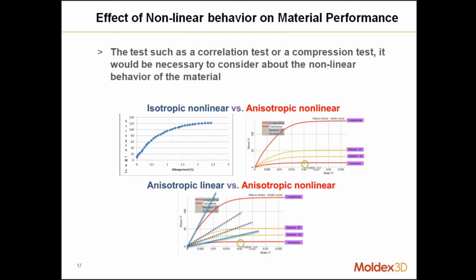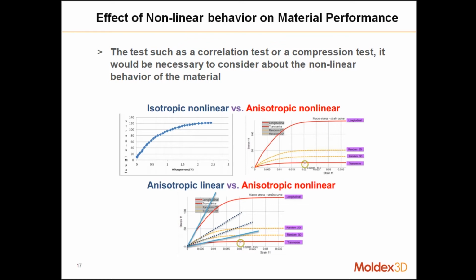And let's take a look at how much difference there is between isotropic and anisotropic with nonlinear. Let's take the top two pictures. On the left, it shows the isotropic nonlinear, but on the right-hand side, it shows anisotropic nonlinear.